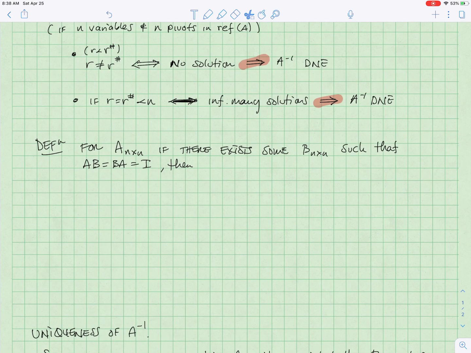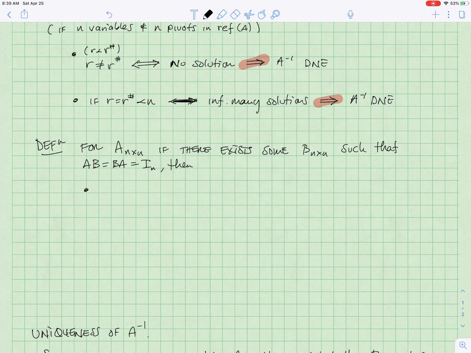So if for A n by n there exists some B n by n such that AB equals BA equals the identity matrix, that's n by n, then we say A is, let me organize this information a little bit better.